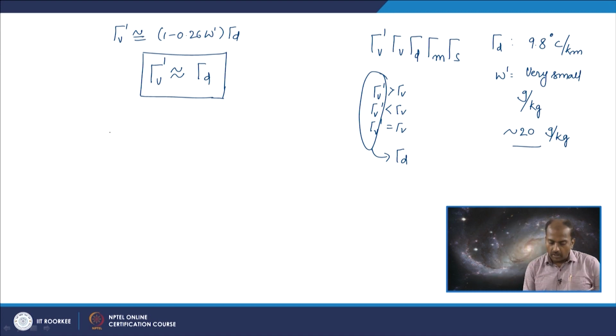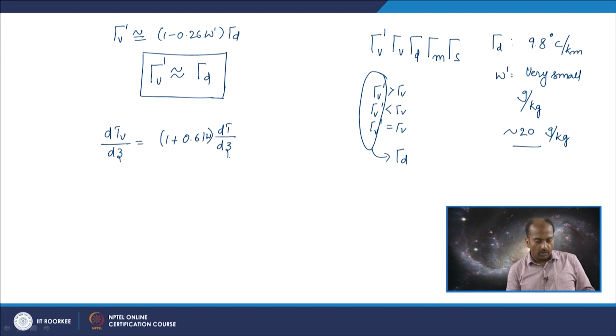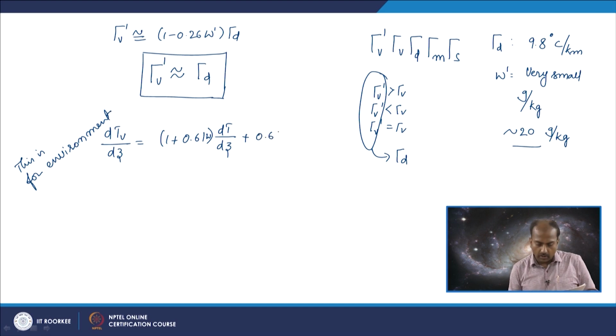So, for the environment, let us say dV by dz is again 1 plus 0.61 times W times dT by dz, now without any primed coordinates, plus 0.61 T dW by dz, right.